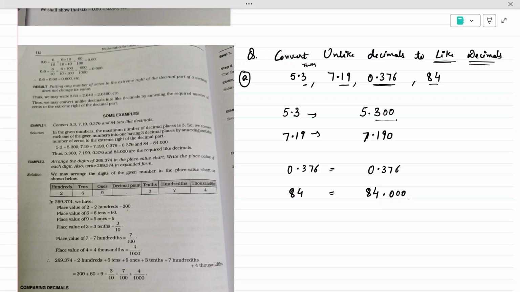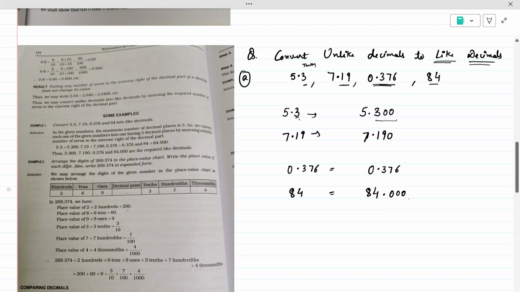How many zeros depends upon the number we are taking. Like in the case of 5.3, we had only one place, so we had to add 2 places, which we did. And in the other cases, we added them accordingly. So I hope you have understood this, kids.